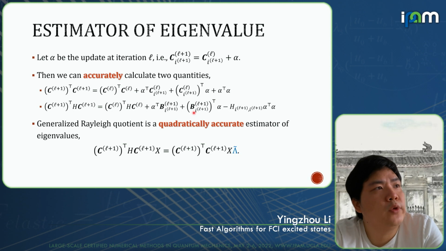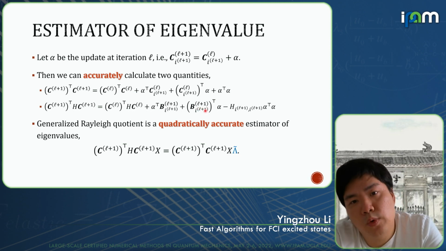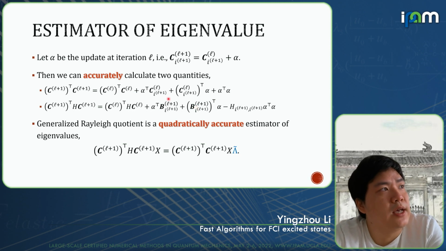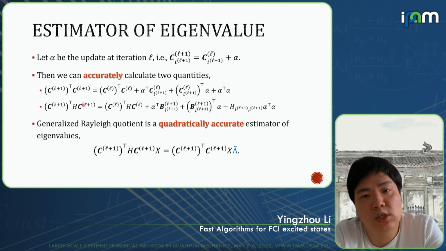However, what we did in the previous slides is that as long as the i_{l+1}'s row is in C, then the corresponding value of B is accurate. So this B is also accurate in that sense. As long as we do compression of B according to the previous slides, we have both of these quantities numerically accurate.